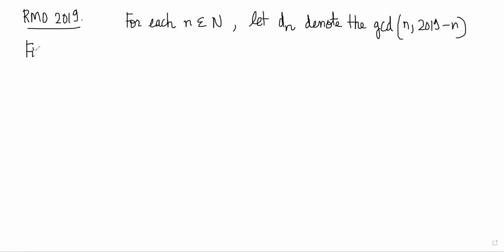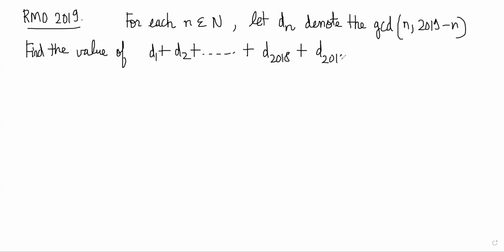We have to find the value of D1 plus D2 and so on till D2018 plus D2019. Basically, the sum that we need to find is the summation of Di as i goes from 1 to 2019.